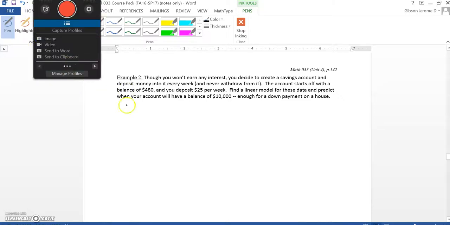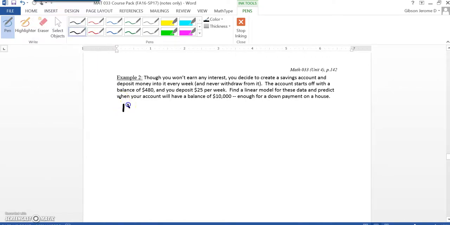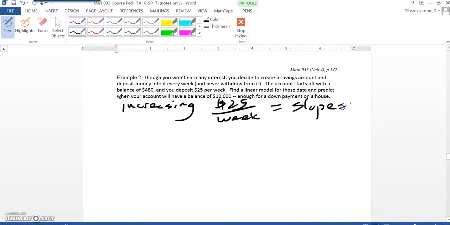Okay, so now we look at this. It's increasing. According to the model, it's increasing by $25 per week. And that is our slope, which is our m. So we know m is 25.